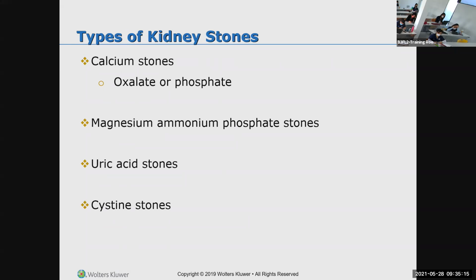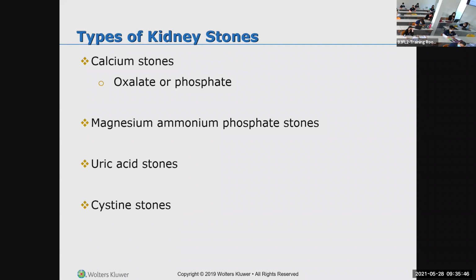Now, in terms of types of stone, we have four different types of stones which usually develop. The most common stone is calcium oxalate stone, or calcium phosphate. By doing a plain X-ray of the KUB region, kidney bladder region, we can see those stones.